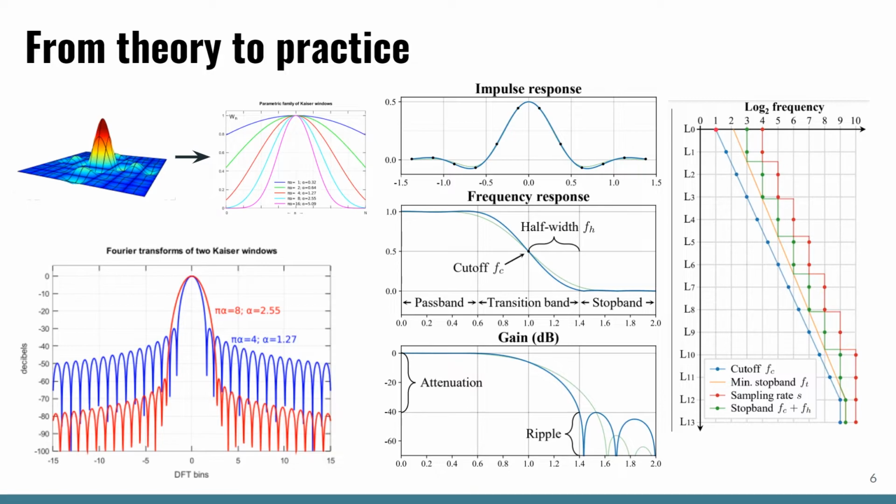So at first the minimum stop band needs to be very large, and then as we go further into the network, we can afford to have a smaller band, because the neural network doesn't have too much computational power remaining in order to amplify the signal and to make use of it.